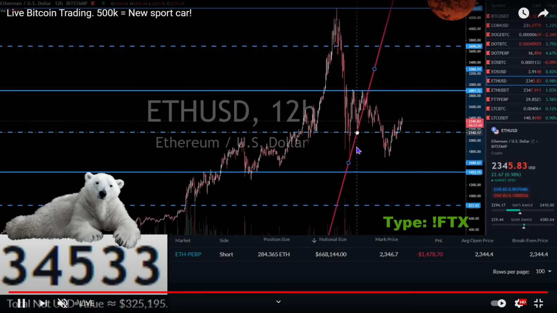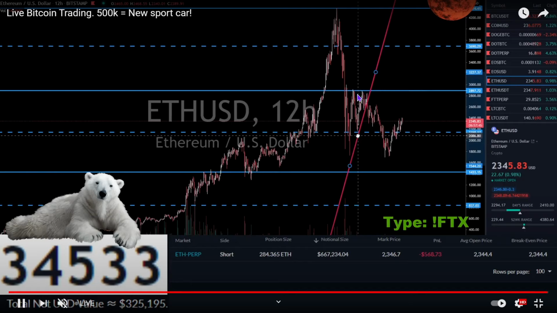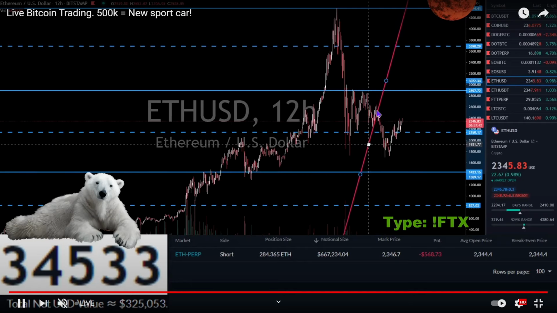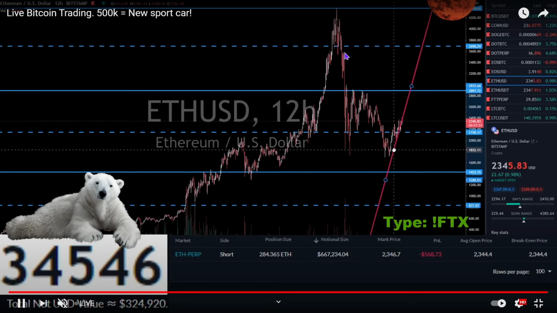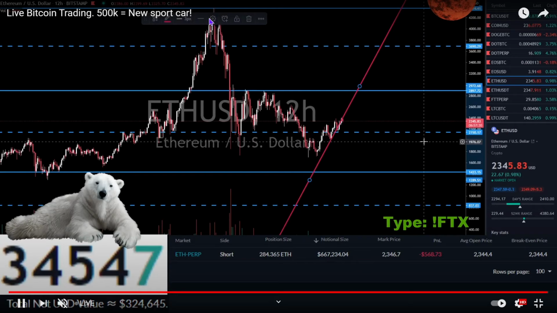He tried this angle, and then he dragged it over here to see whether that particular angle supported the price going upwards.